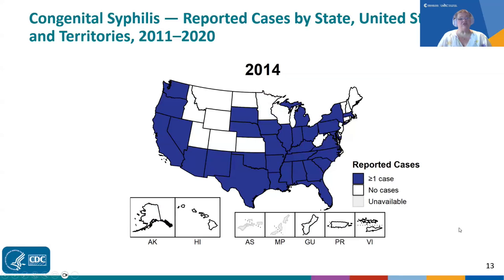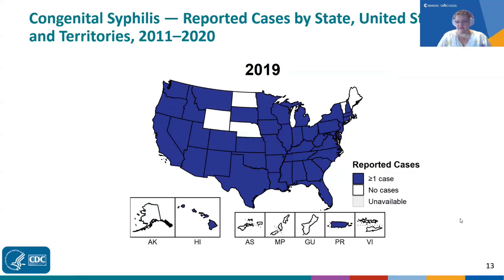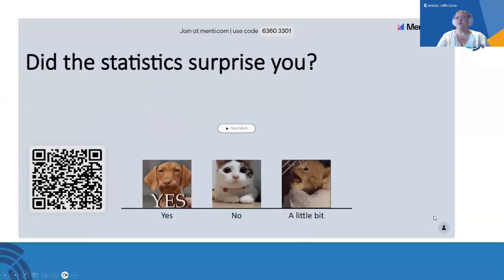This is the rate of congenital syphilis going up in most every state. There are only a couple of states that had no cases of this very preventable illness.